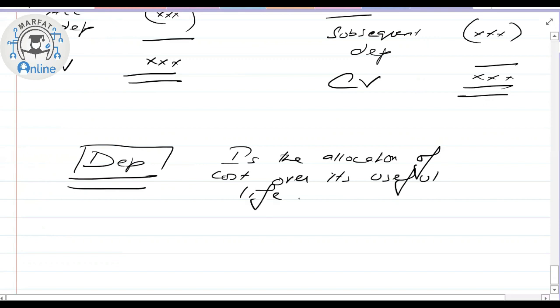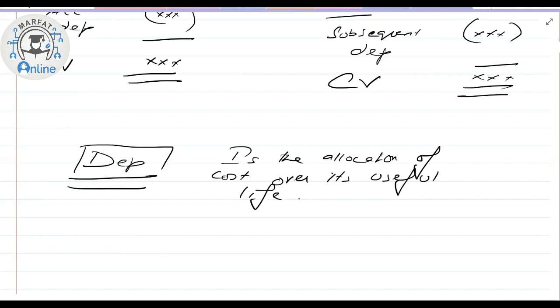That means when we buy the asset, it has a useful life or economic life, for example, 5 years. So this asset will give the benefit to the entity for 5 years. After 5 years, this asset will be finished. It is not going to give any benefit to the entity. So then we will be writing off this asset from the books. So initially we recorded it and then we'll be writing off.